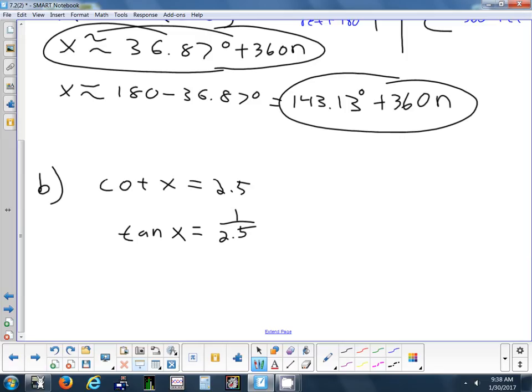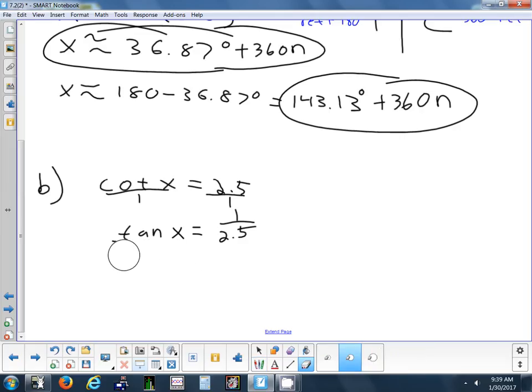The only thing I did is I flipped what's on the left, I took the reciprocal, and I flipped what was on the right. Now I've got a trig function I have a button for. If I don't do that, I'm not going to have a button. So any questions on what I did here? Flipped what's on the left, and I flipped what was on the right.